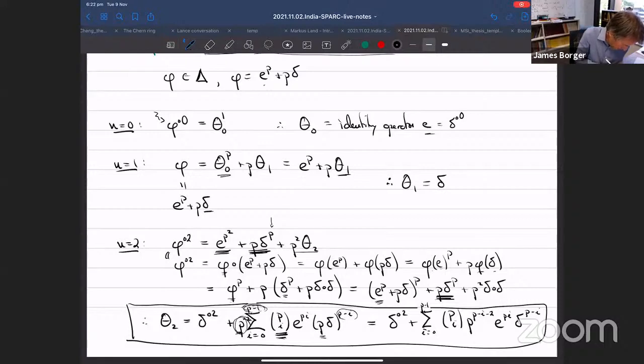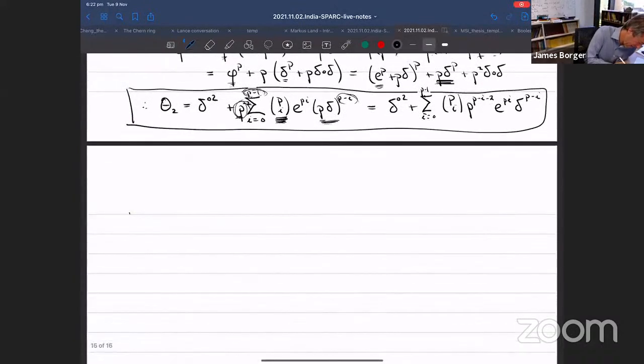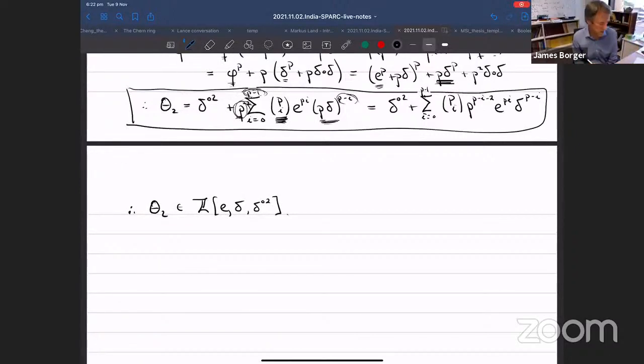And then for smaller values of I, it just keeps getting better because you have more and more powers of p coming from this exponent. In the last case, you have an exponent of p. p does not divide this binomial coefficient, but you have an exponent of p. So you still have no denominators. Therefore, theta 2 really is a polynomial with integer coefficients in those 3 operations.